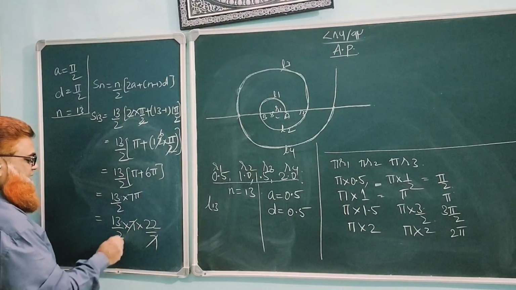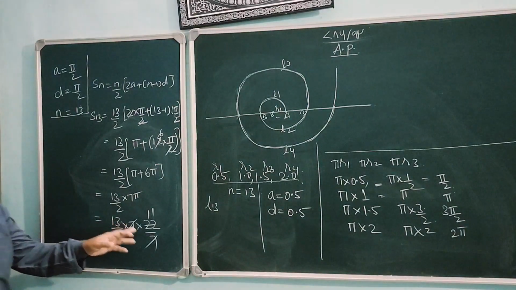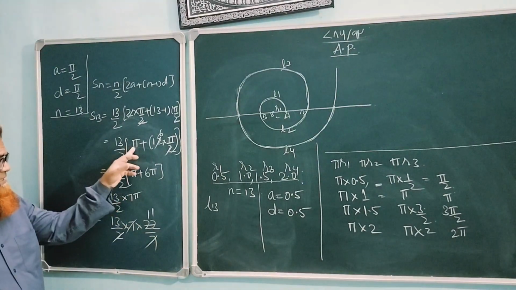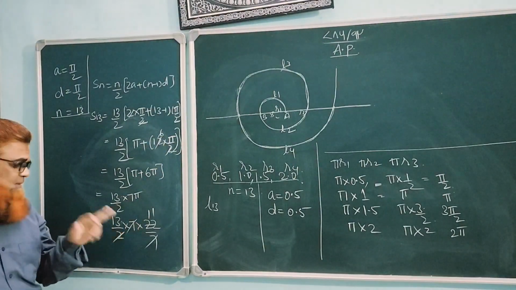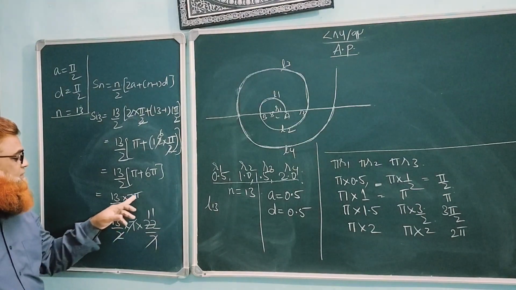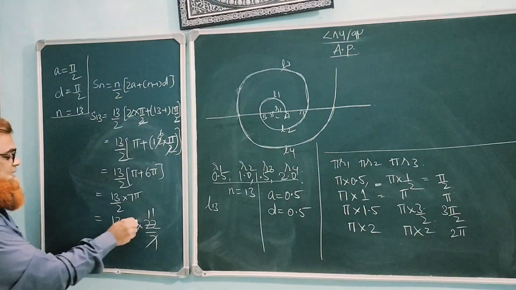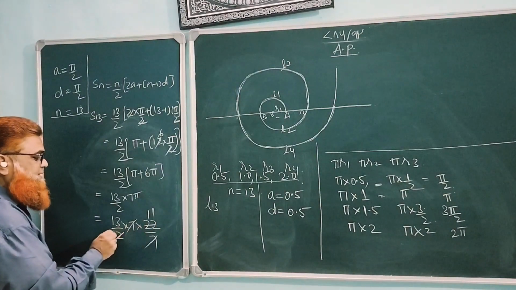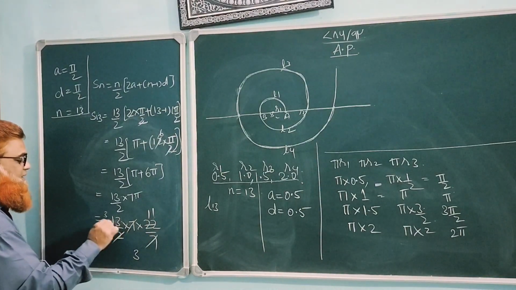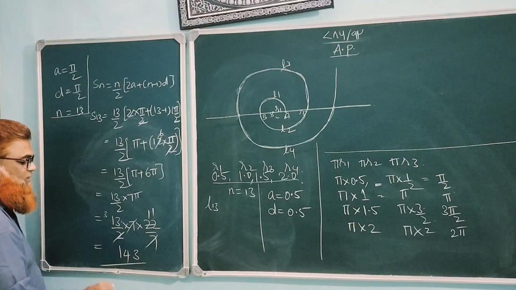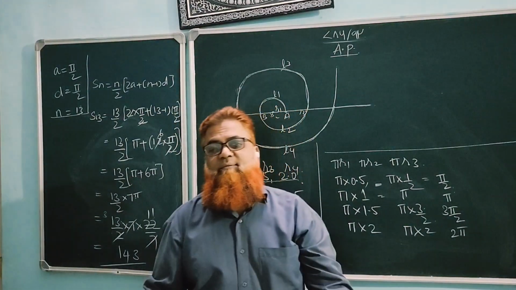Therefore, the 7s cancel. 2 ones are 2, 11s are... Children, just take note of this one. 13 by 2 into pi plus 6 pi is 7 pi. 13 by 2 into 7 into 22 by 7, this 7 cancels, 2 ones are 2, 11s are 11. Then the product: 11 3s are 33, 3 carries, 11 ones are 11 plus 3 is 14. 143 meters is the total length of the semicircles.